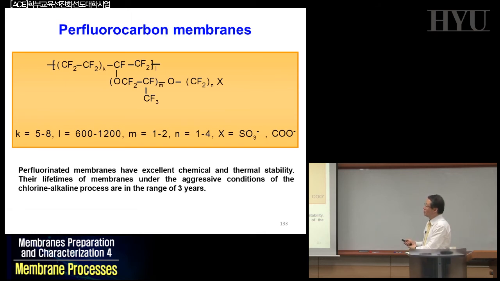Now, when you have this structure with the sulfonic acid group here, the CF2 group is very hydrophobic in chemical nature, whereas the sulfonic acid group is hydrophilic. So you should have a phase separation between the phobic and philic properties in the same polymeric unit.